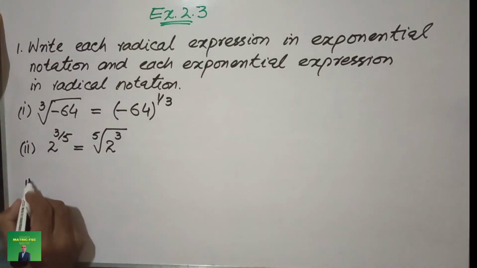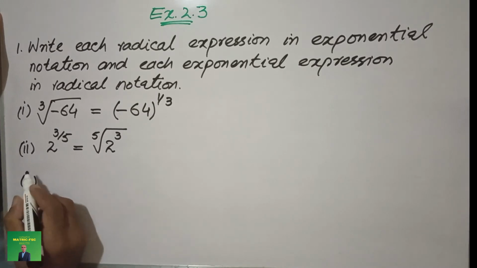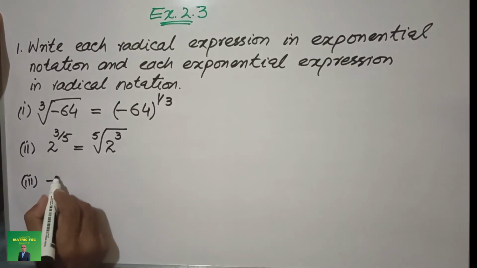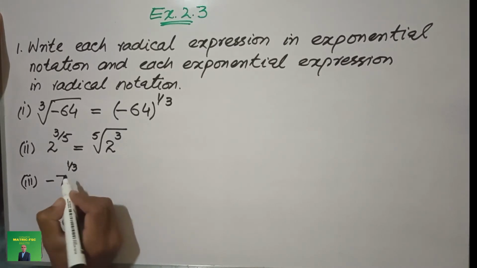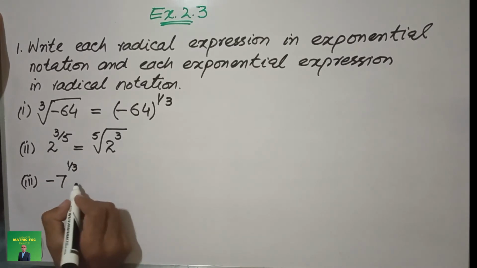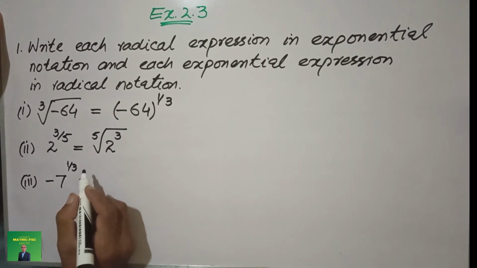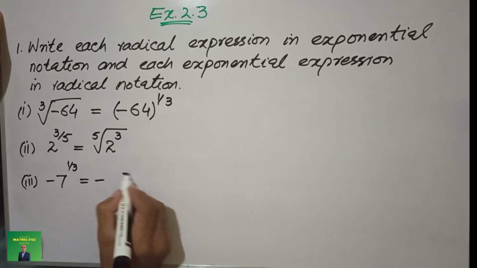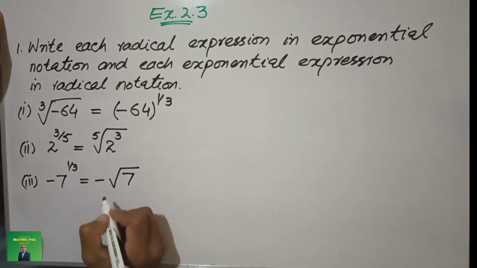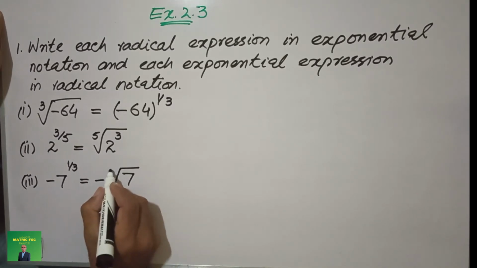Then third, negative 7 power 1 by 3, which is the exponential form. We'll write this in the radical form as the cube root of negative 7.